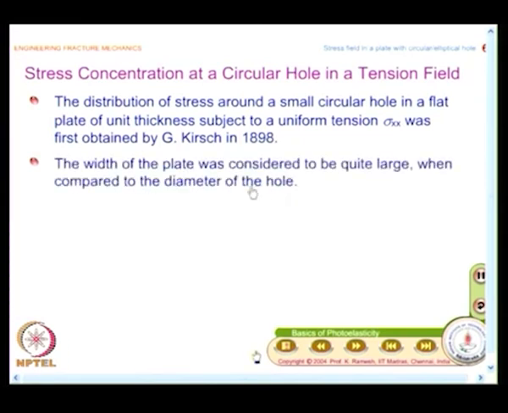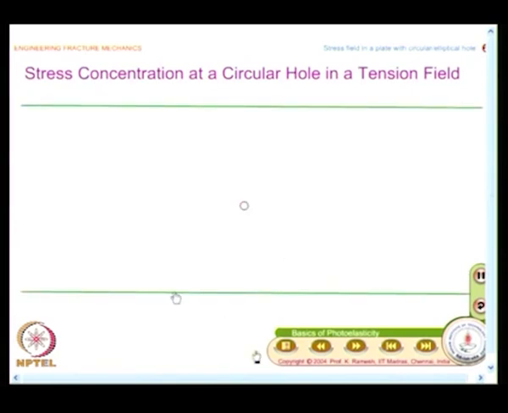And as I mentioned, for any of the problem in theory of elasticity, a name is associated. For this problem of a circular hole, it was Kirsch in 1898 who solved it, and this is known as Kirsch's problem. And since we have a nice facility for animation, for illustration I have taken it like this.